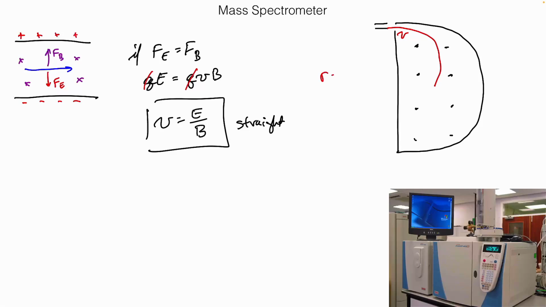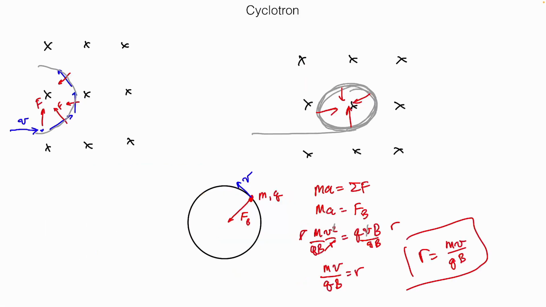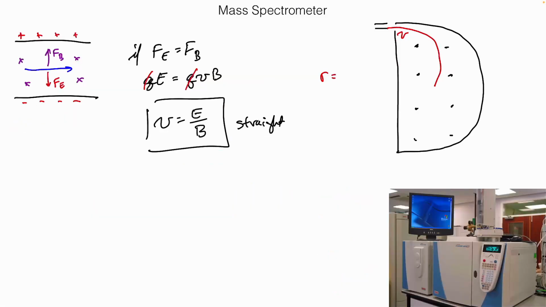And we also know, based on our cyclotron results over here, we know the radius. And if we know, so there's two different B's here. We should be pretty careful. I'll call this one B prime. It's the one that's inside the measurement area.